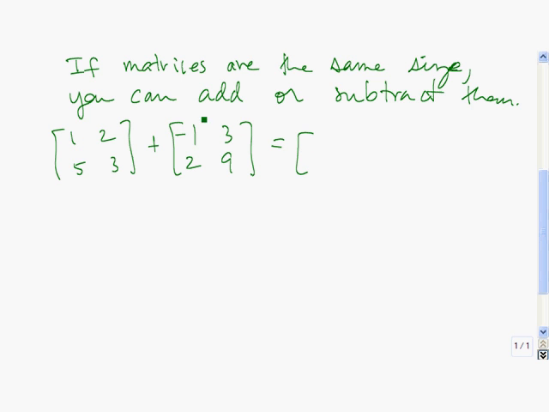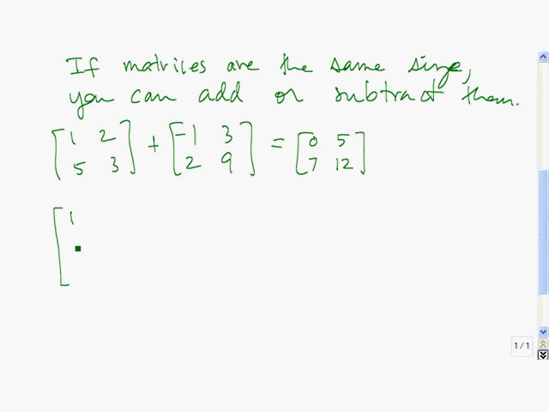So I have 1 plus -1, which is 0. 2 plus 3 is 5. 5 plus 2 is 7. And 3 plus 9 is 12. The way I subtract matrices is I subtract corresponding numbers.